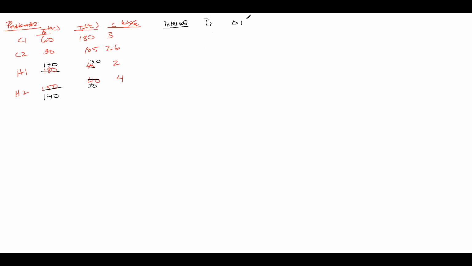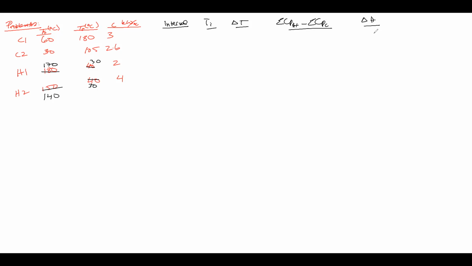T initial, delta T, summation of Cp hot minus summation of Cp cold, and delta H, which is the multiplication of these two parameters. So let's do this. So again, I'm going to arrange them from highest to lowest, first of all. And I'm going to get the intervals out of this.